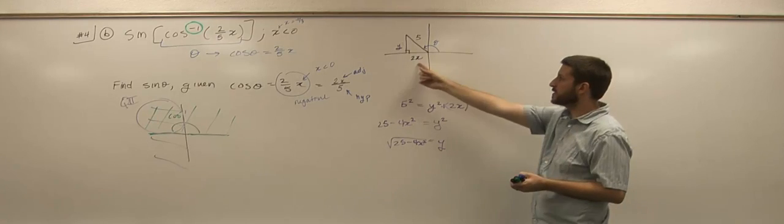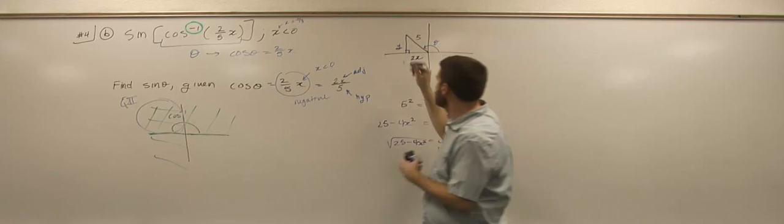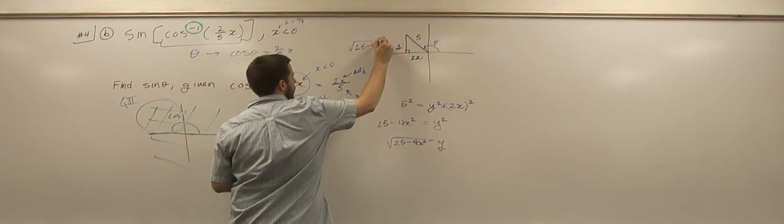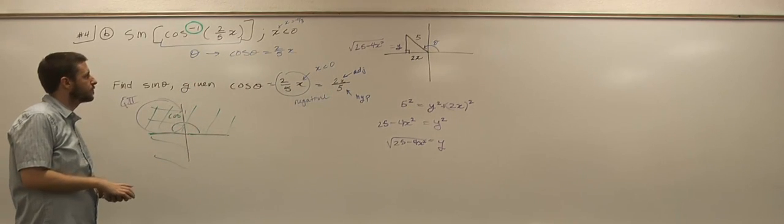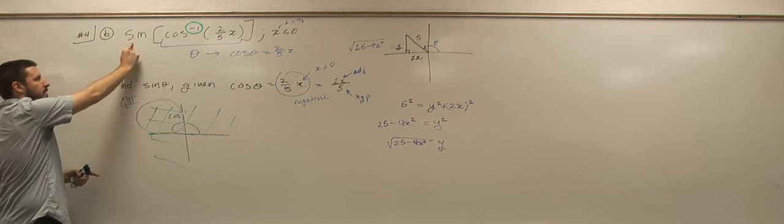So this is negative as written. Y is positive because it's going up. It's 25 minus 4x squared. So how does that give me my answer? What am I looking for ultimately? Sine, right?